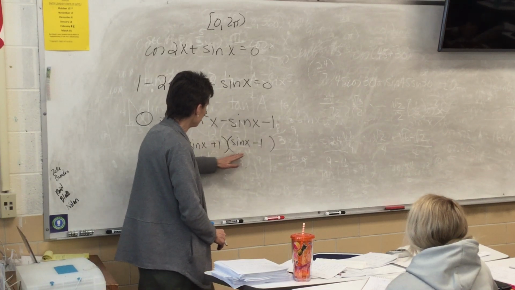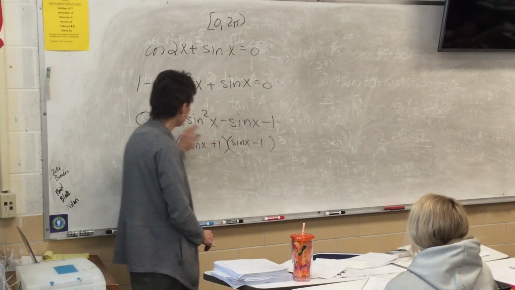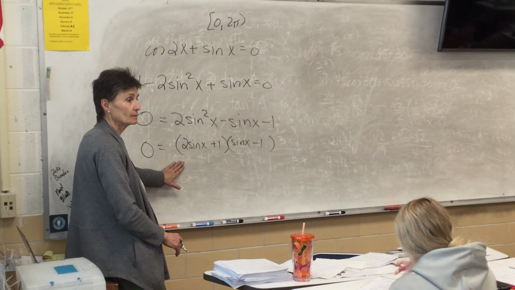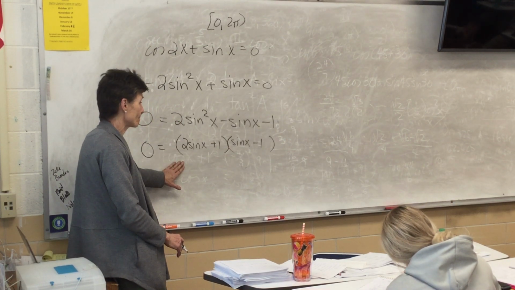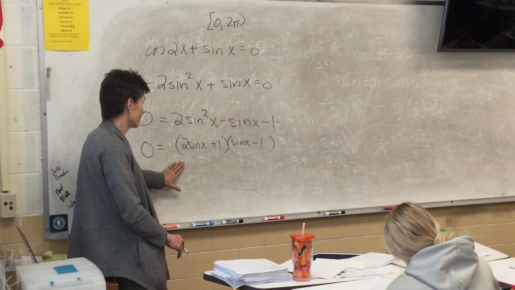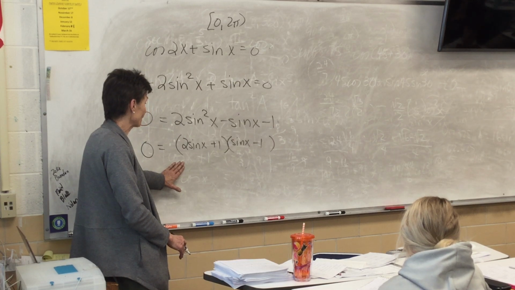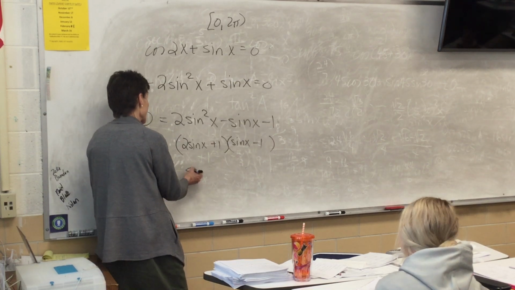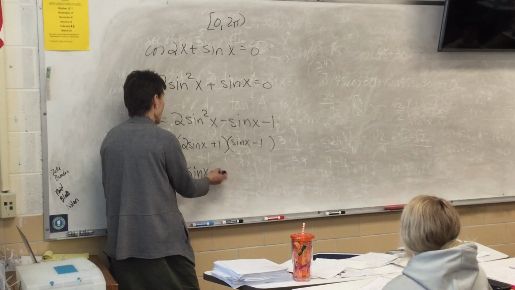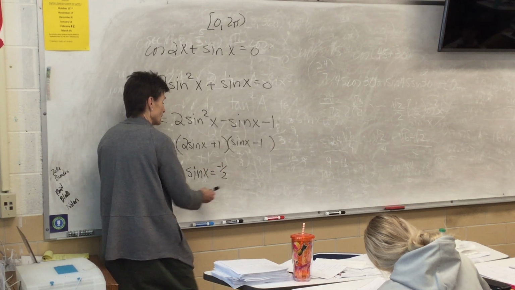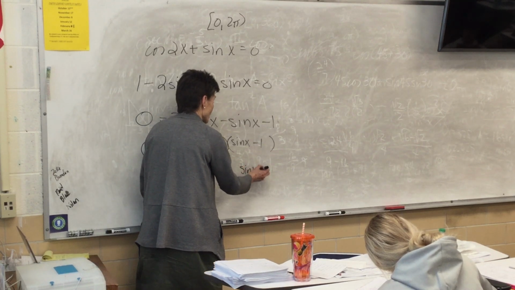I'm foiling it to make sure it gives me what I started with, and it does. If you're not sure, foil it. Setting them equal to 0, what do I have? I have sine equals -1/2 and sine equals 1.